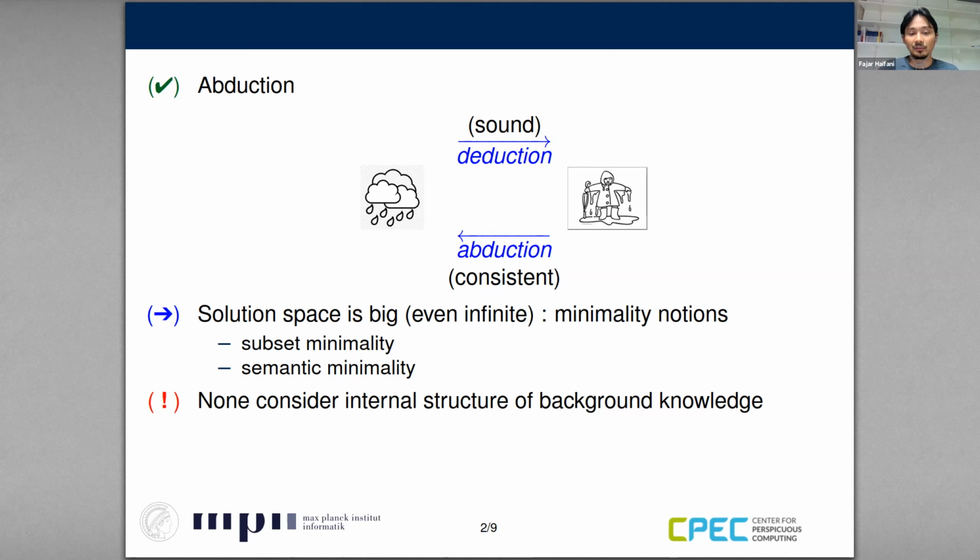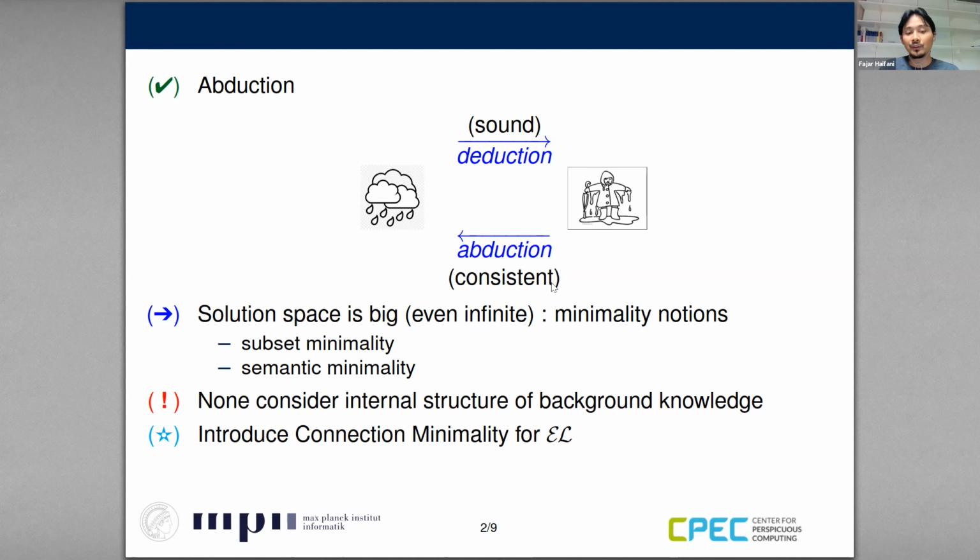Because of this, we would like to introduce the so-called connection minimality, which really accepts the solutions which connect the background knowledge and the observation. And we do it for EL, which is quite a prevalent fragment in practice.